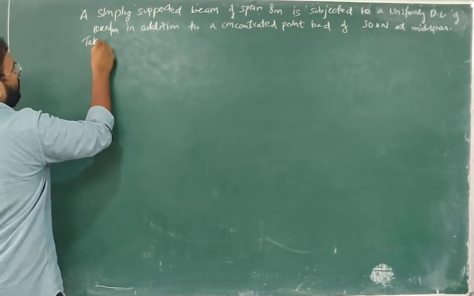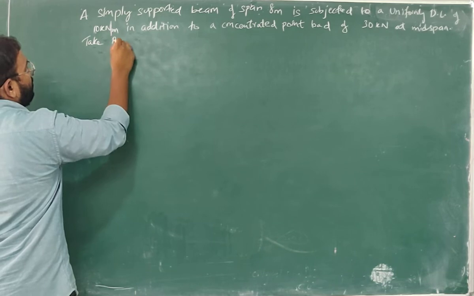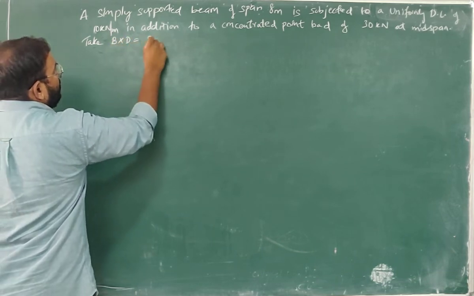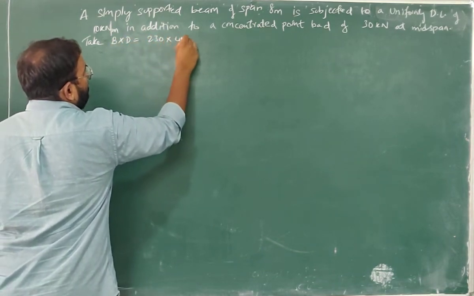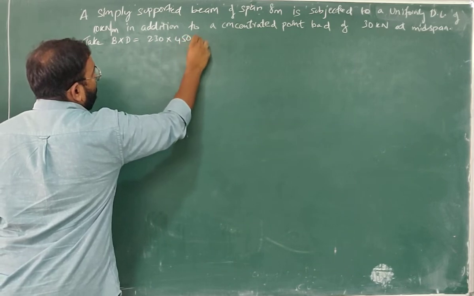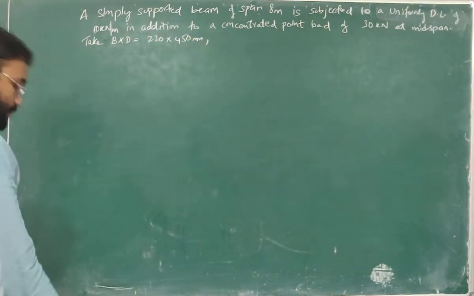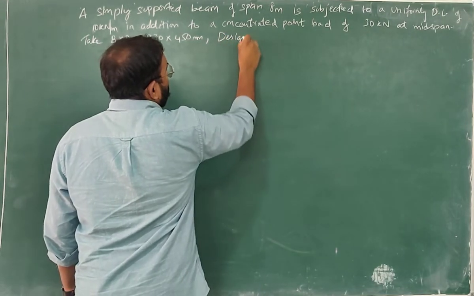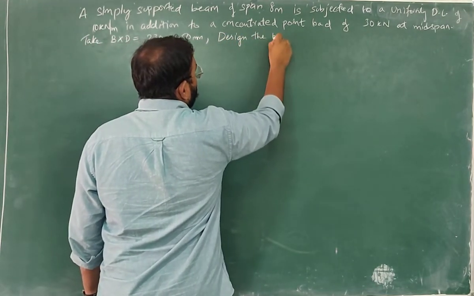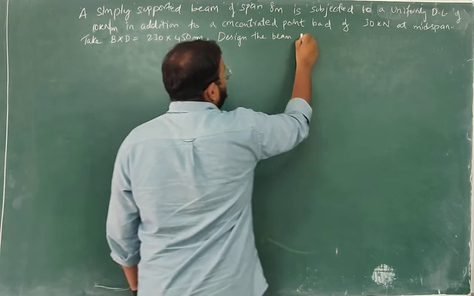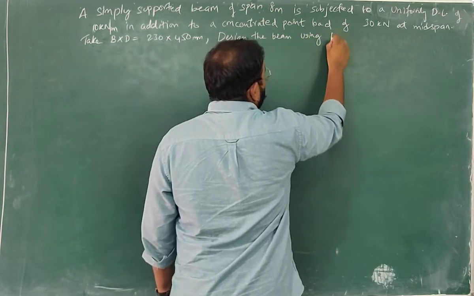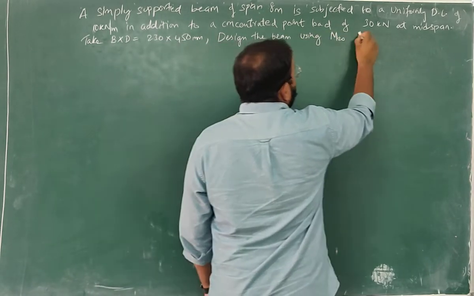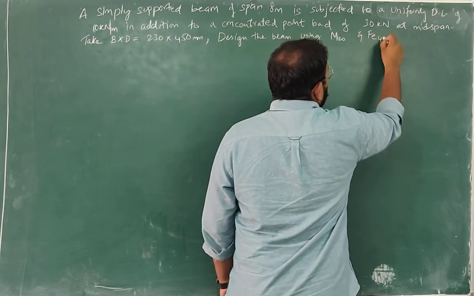Take B cross D is equal to 230 by 450 mm, design the beam using M20 and Fe415.